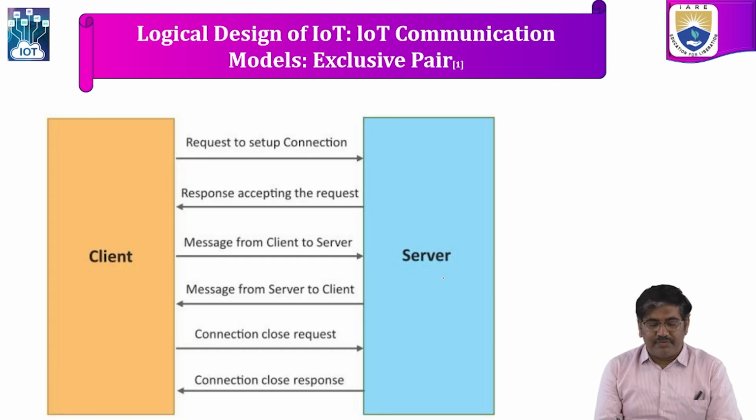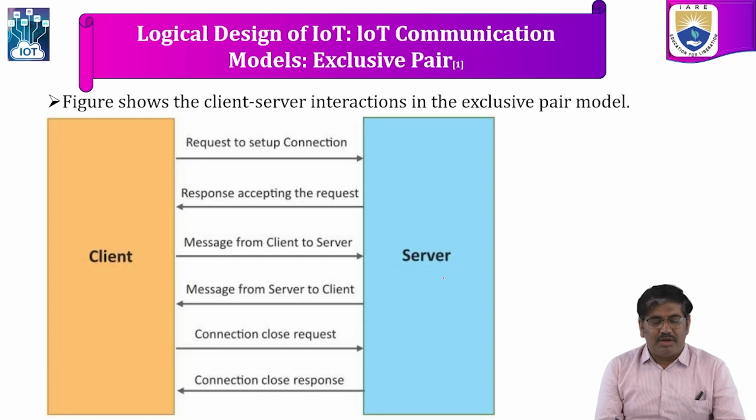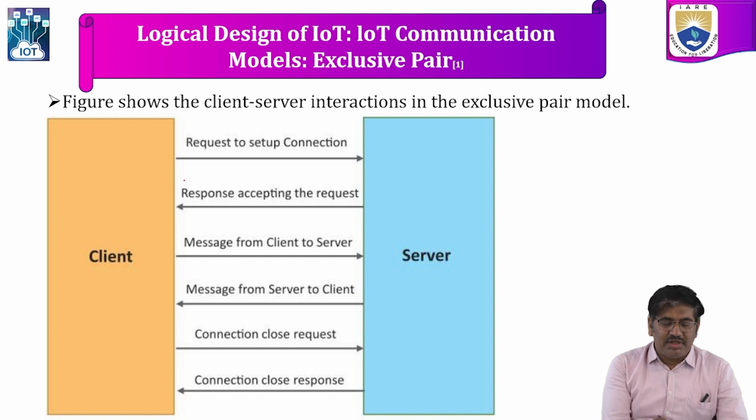The client-server interaction in the exclusive pair model is shown in the figure. To set up a connection, first the client sends a request to the server to set up a connection. Then the server accepts the request and sends a response, ready to set up the connection.